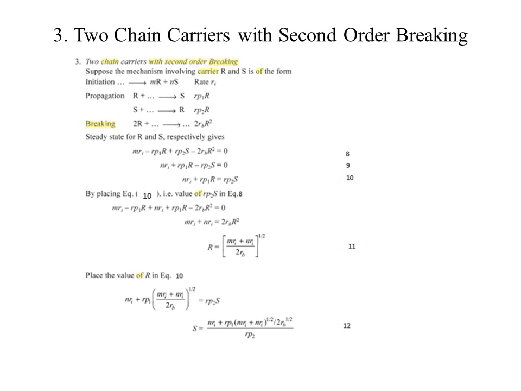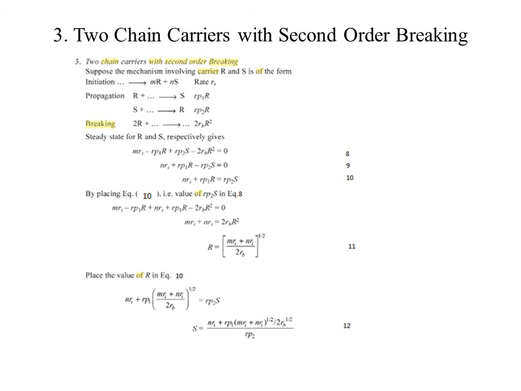Now by placing equation 10, the value of RP2S, in equation number 8, then MRI minus RP1R plus MRI plus RP1R minus 2RB R square, that is equal to 0.